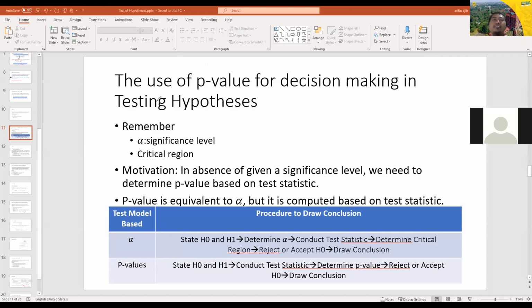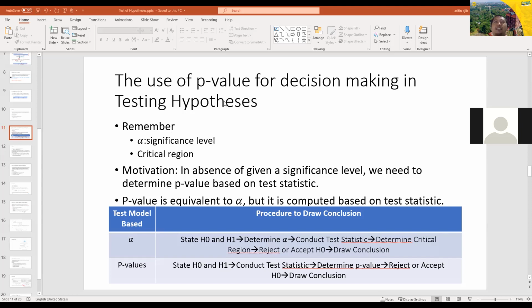Today, last time we already talked about how to test some observation using statistical tests. You are already familiar with significance level, critical region, and critical value.